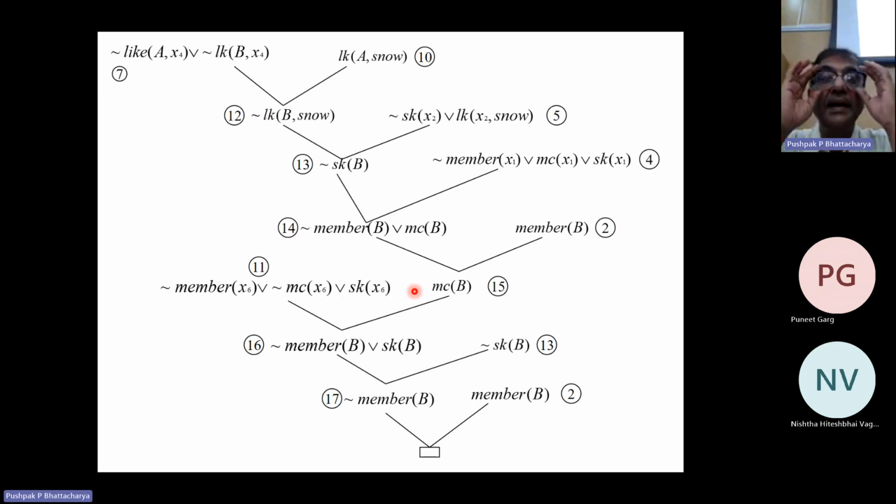Okay. And in the resolution refutation, you must have understood that the efficiency of search depends on choosing the correct pair of clauses. At every stage, we have to choose the correct pair of clauses. What I strongly recommend is to use another path of resolution refutation to arrive at the contradiction. Don't start with these two clauses.